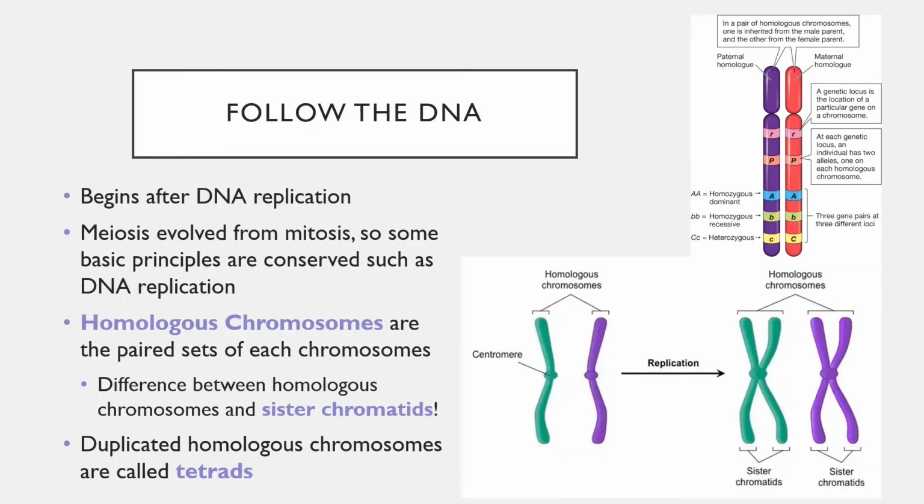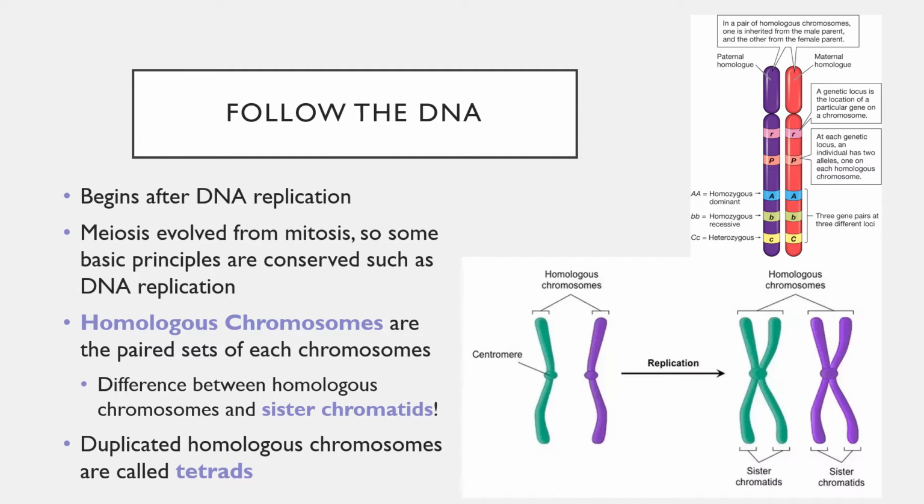So to get into meiosis and really understand what's going on, we have to look at the DNA and really see what's happening to the DNA during this process, because the whole goal is to get that DNA to a point where we can then create a new organism's DNA. Now, meiosis evolved out of mitosis. It was a process that came later in the evolutionary timescale.